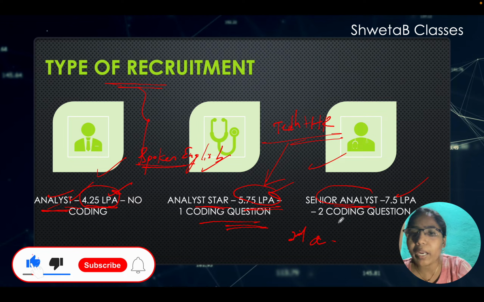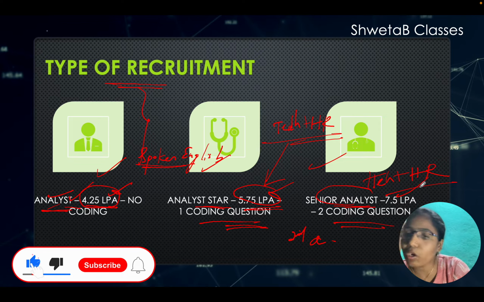Now if you write both the codes correctly and execute both, then again you will enter a technical plus HR round, and based on your interview a total of 7.5 lakh per annum package will be offered to you. I hope you got an idea about this.